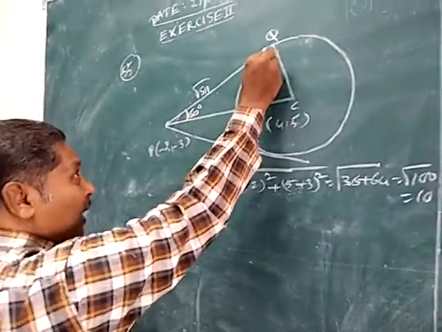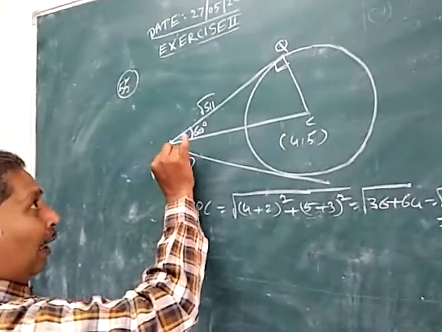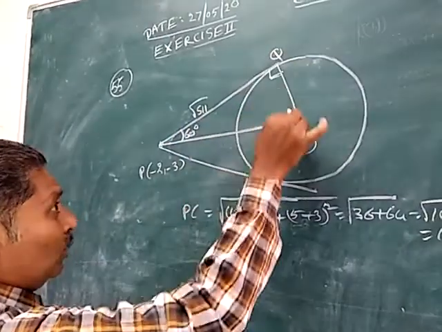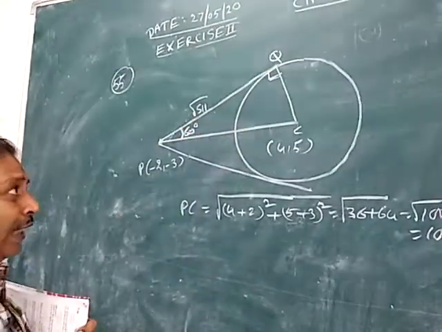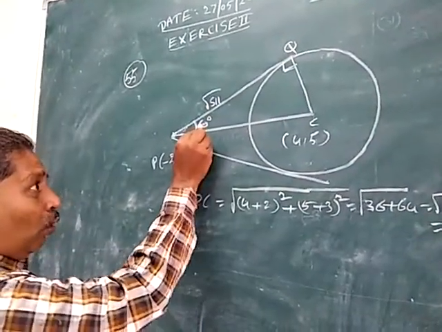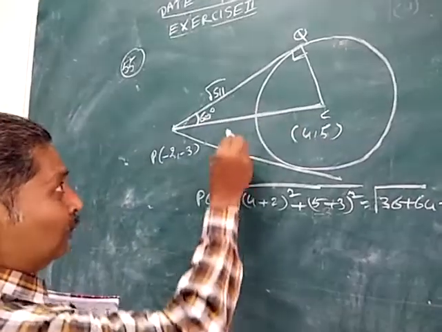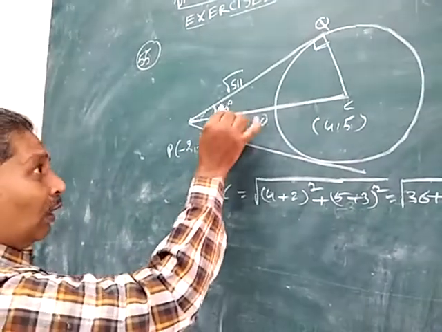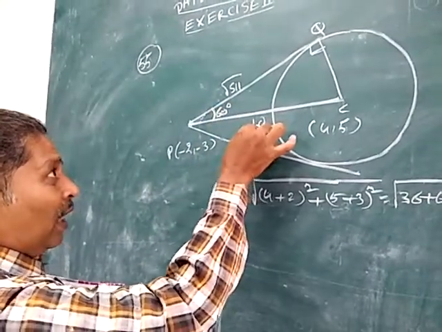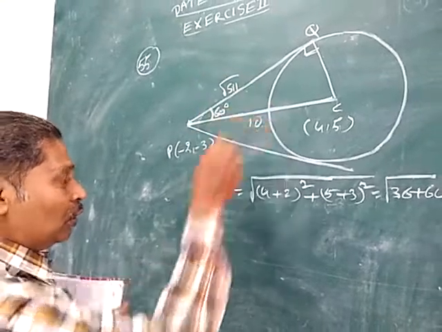Next, this is 90 degrees, so triangle PQC is a right angle triangle. Therefore, we know the PC value is 10. So we know the adjacent side and the hypotenuse.